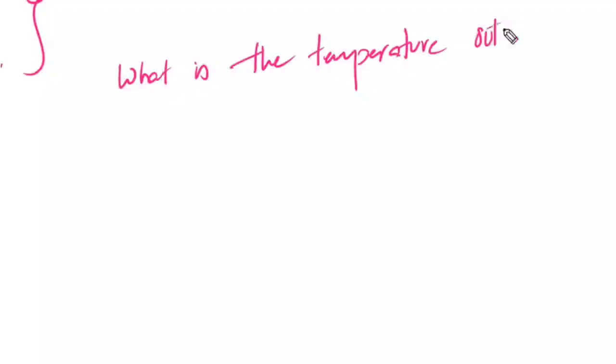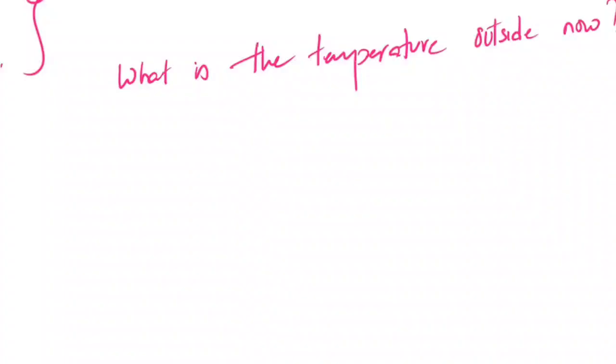For example, if you ask, "What is the temperature outside now?" You ask a question like this. Whether it is grammatically correct or wrong is secondary.